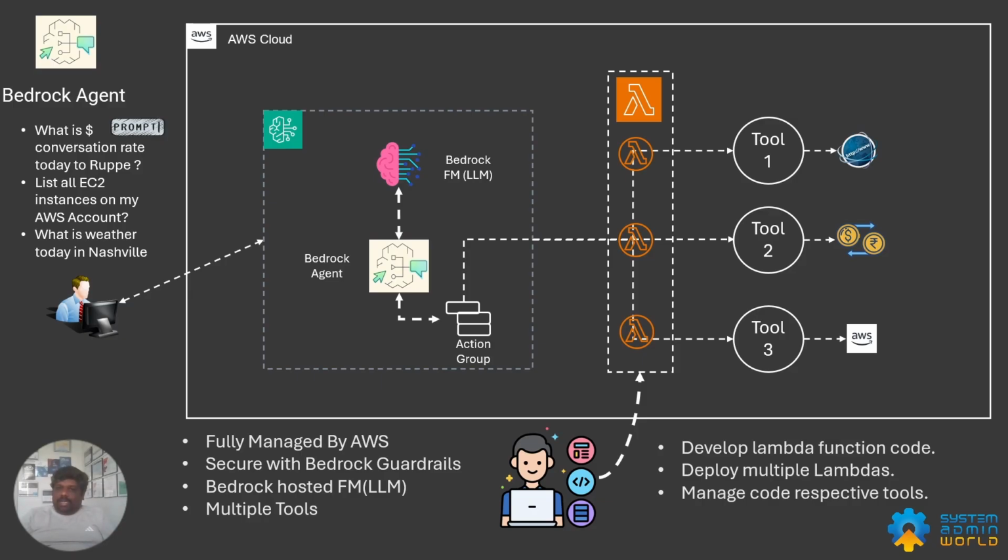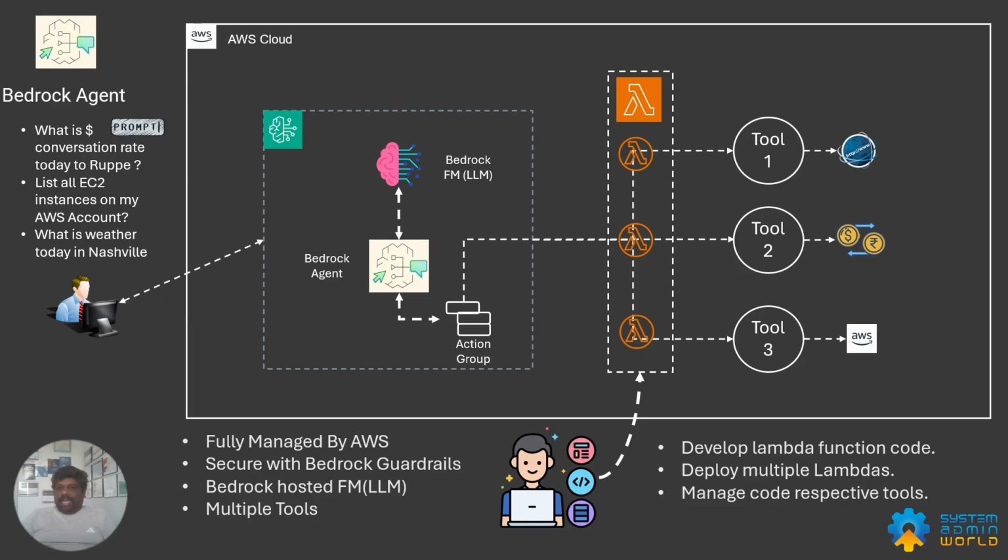This modularity lets you scale, update, or swap tools without touching the core agent logic. And because it's built in AWS, it integrates seamlessly with IAM, CloudWatch, Step Functions, and many other services.